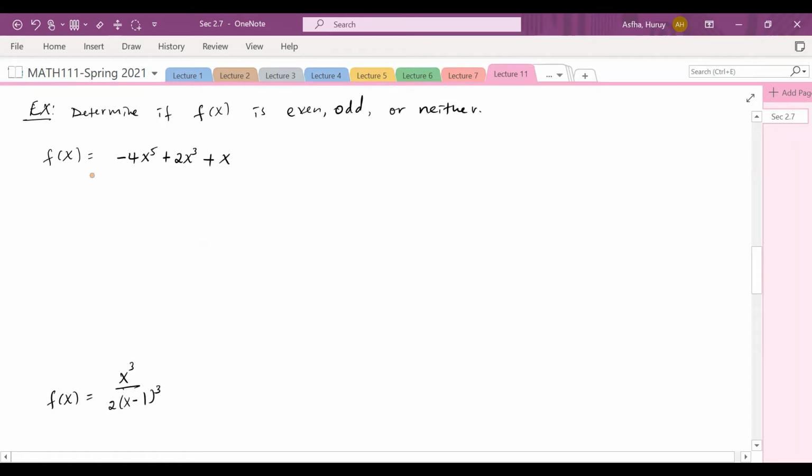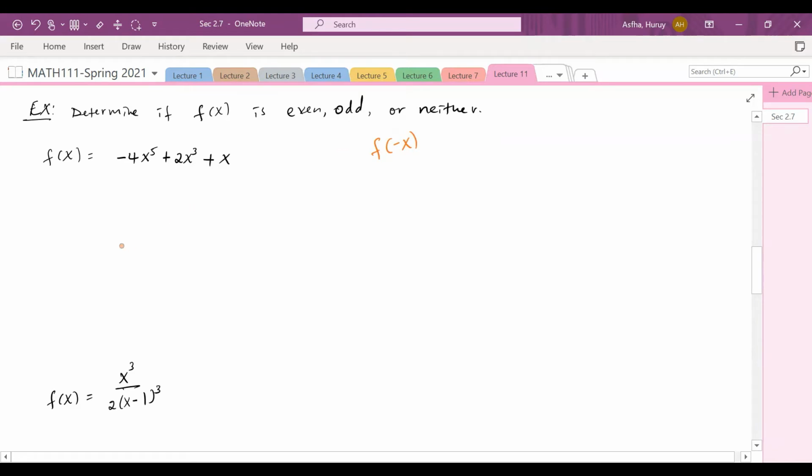Now, to differentiate between an even function or an odd function, we just need to test what is f of -x. Try to evaluate the function f at -x, and then look at the result.